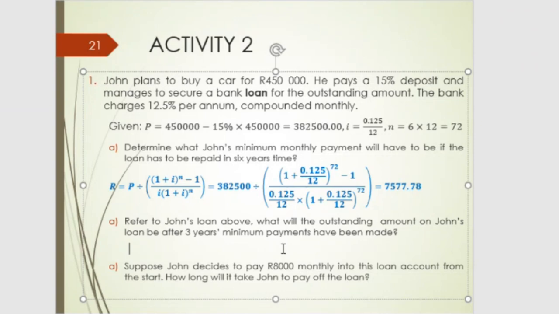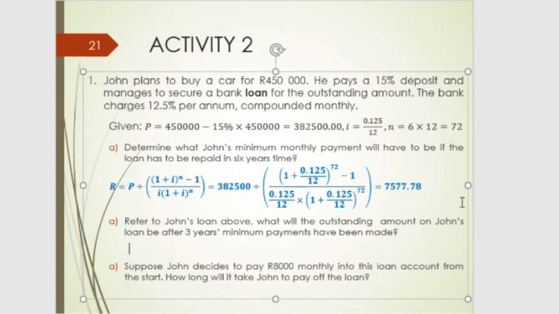So what is going to be affected is the present value, because it's going to change that value, and it's also going to affect the number of years that would have been paid. Instead of 72, it means you are going to reduce it by half, because it's 3 by 3.